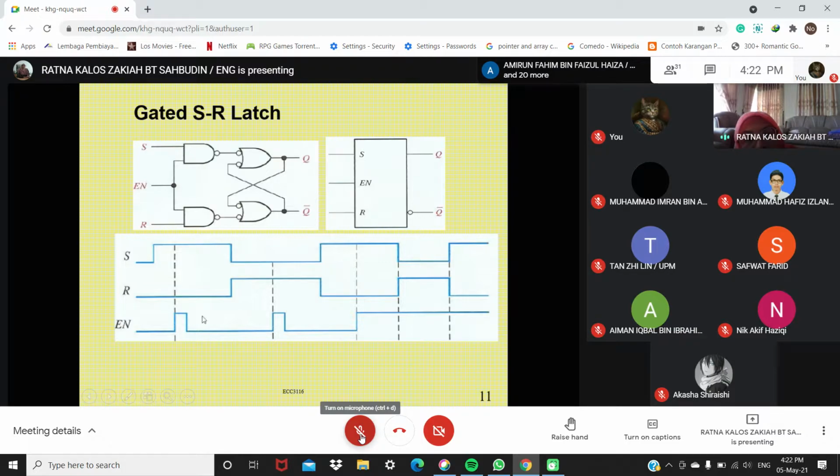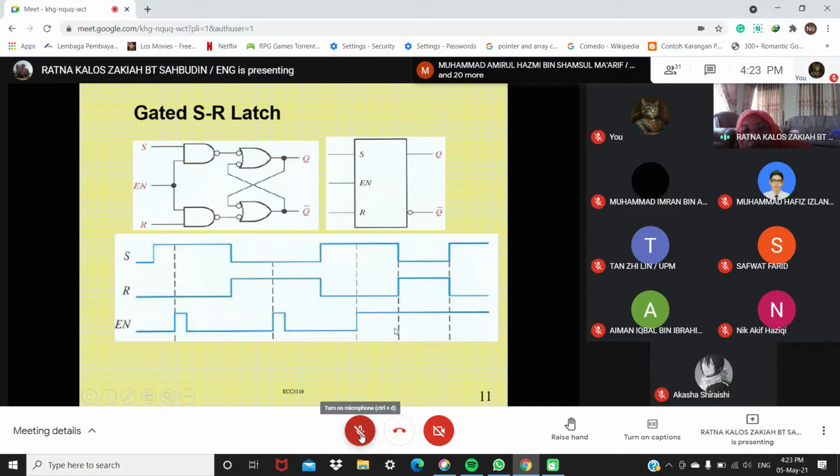So this part is high, high and high. So when S is high, this is set. You start with Q low, so you will get high here until here. This part R is high, so Q will be low until here.